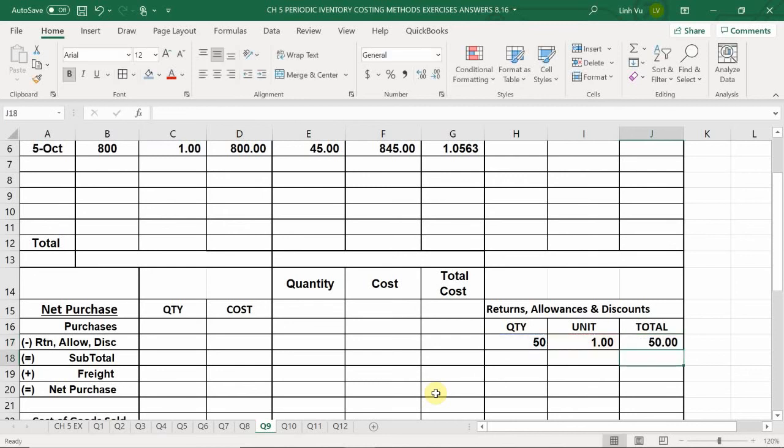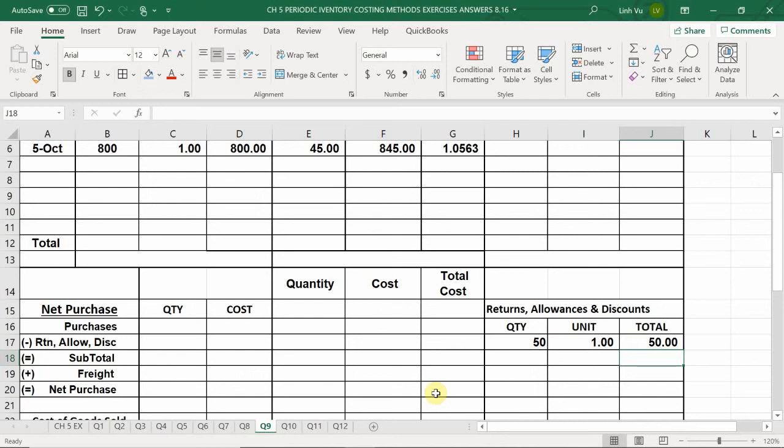Now, here's where we're going to save a lot of time. Since we don't care about what batches came first and last, we don't need to update our inventory at all, because at the end of the given period, we're going to tally up all of our purchases and all of our returns, figure out what the goods available are, and then take our goods available to figure out our average cost per item.